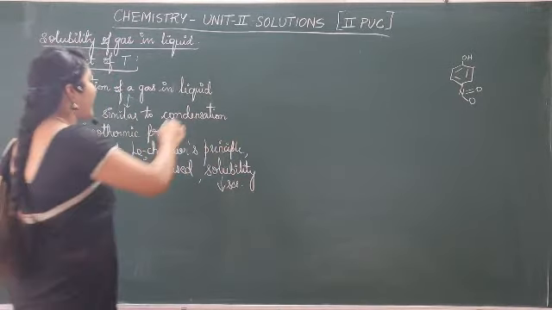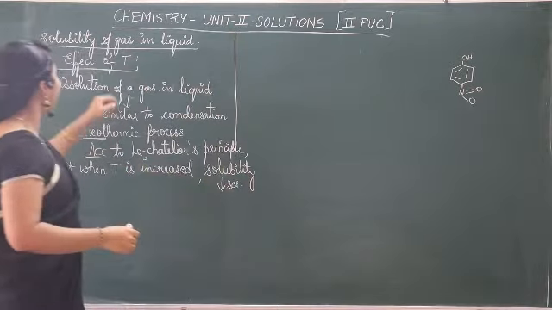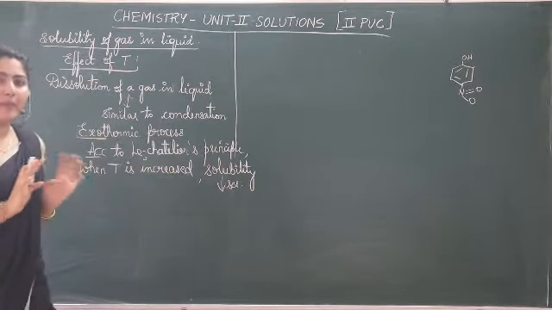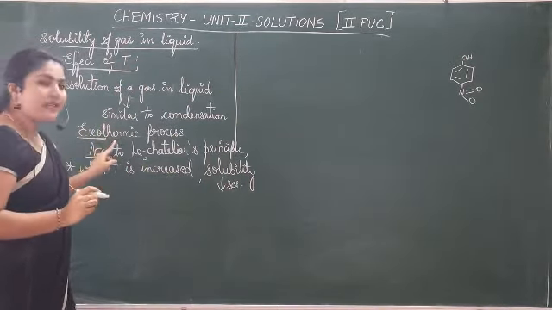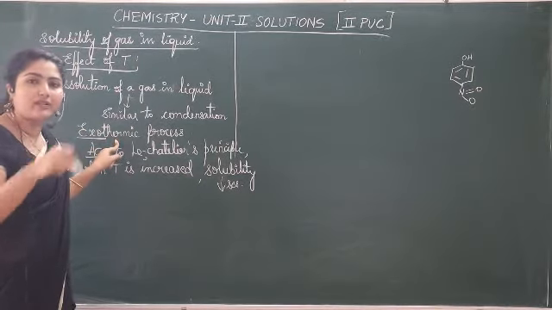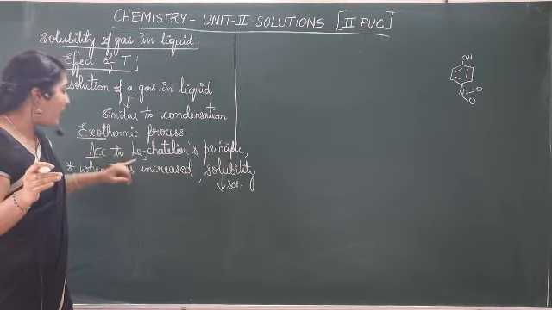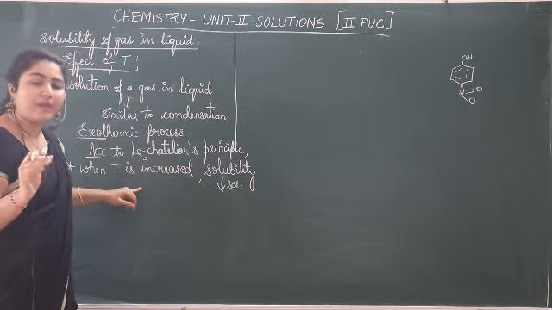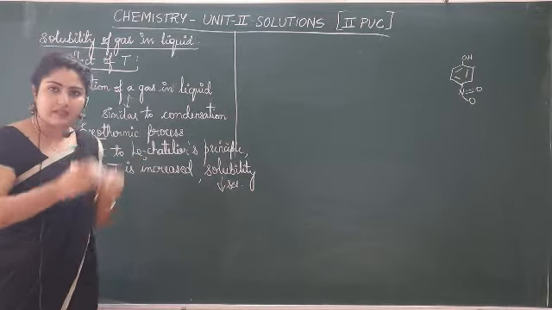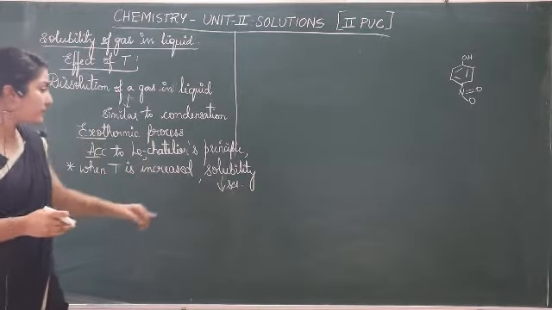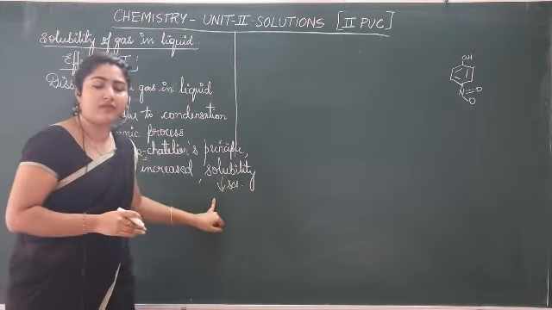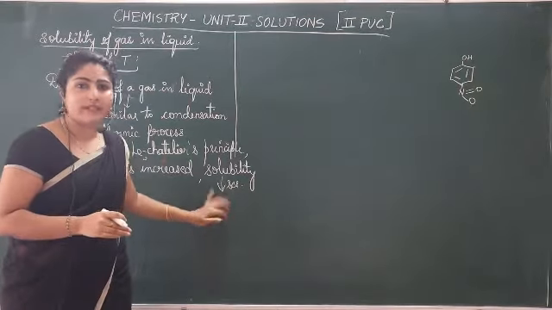That is the effect of temperature on solubility of gas in liquid. Hope I am clear to you. Because during dissolution of gas in liquid heat is evolved, according to Le Chatelier's principle, when temperature is increased, the solubility tends to decrease. So solubility of gas in liquid decreases with increasing temperature.